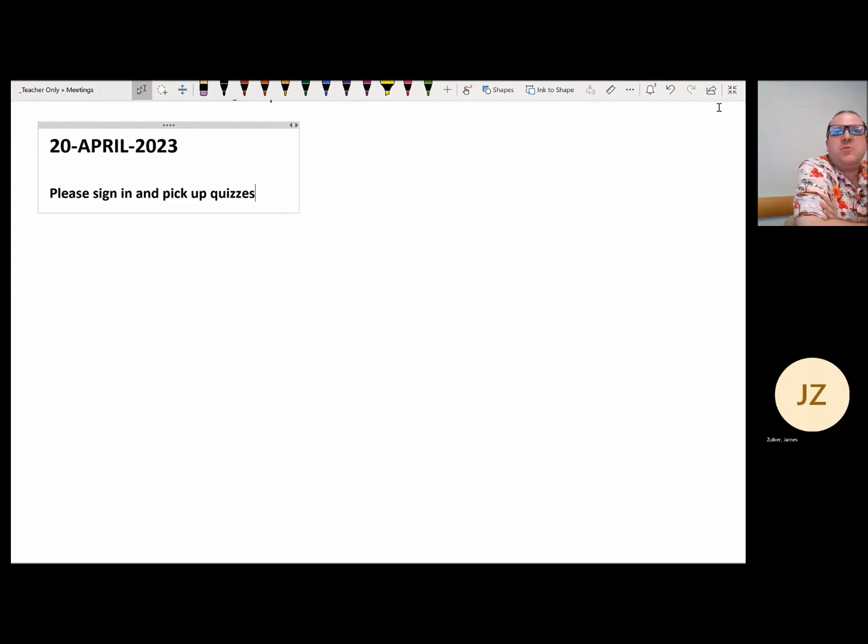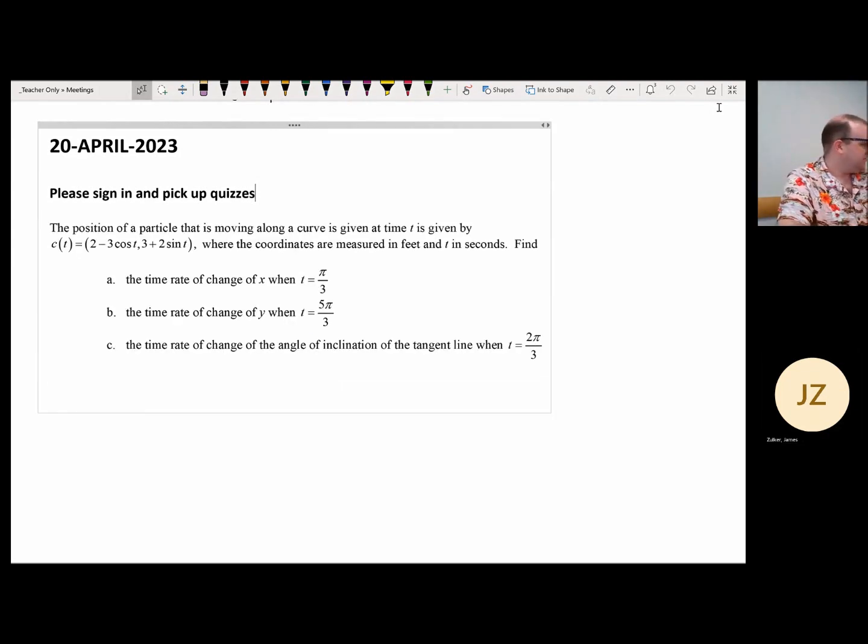We have to finish up parametric equations. The position of a particle moves along a curve that is given, where the coordinates are measured in feet and t in seconds.